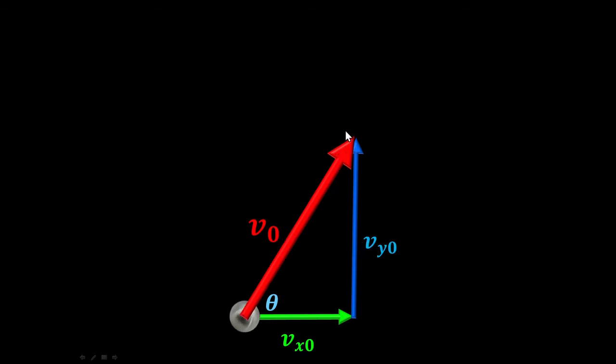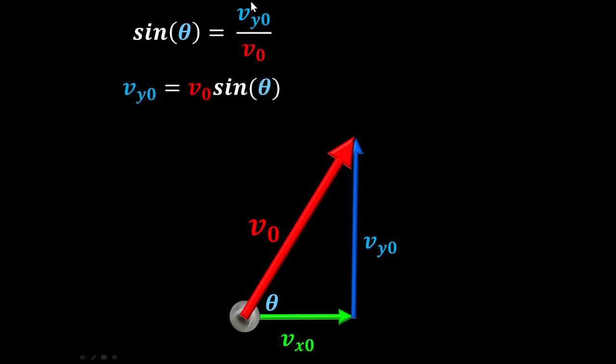Well, if I know what the hypotenuse of that triangle is and the angle, I can say that the sine of that angle is opposite over hypotenuse, just using the trigonometric ratio sine. And I'm going to solve for this side because I knew the velocity and I knew the angle. This is just going to be the sine of the angle times that hypotenuse.